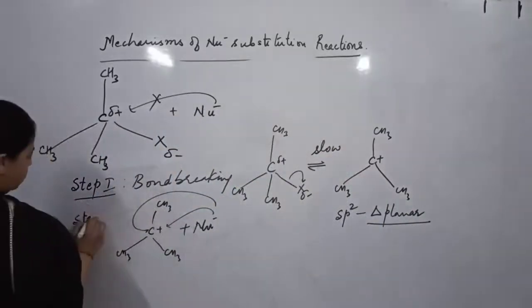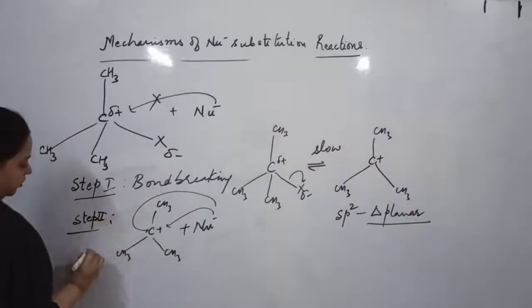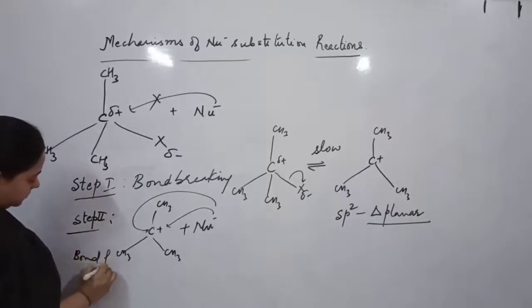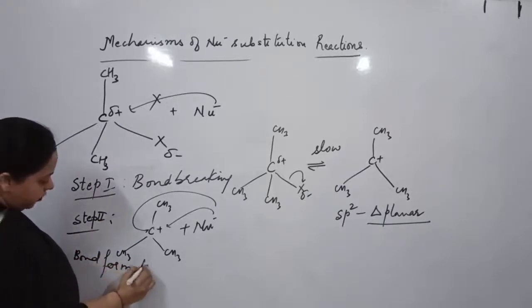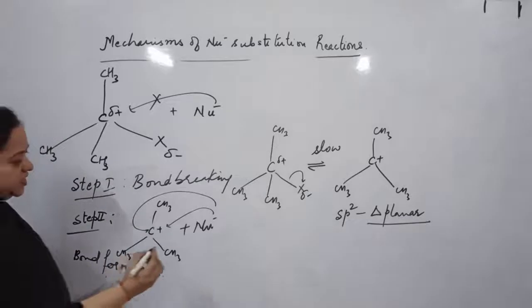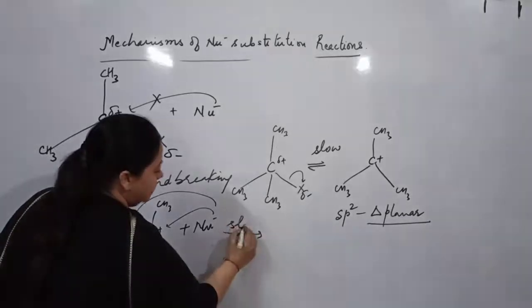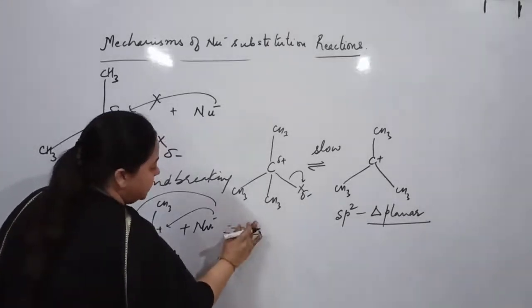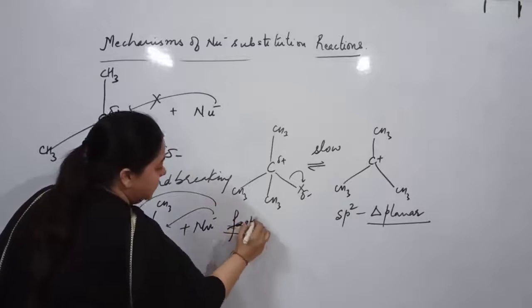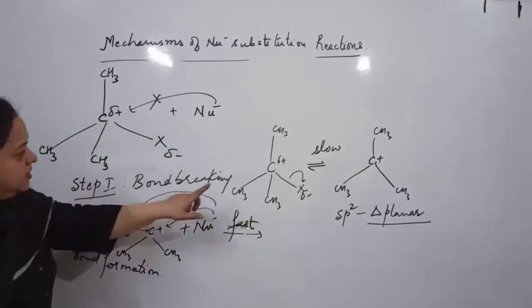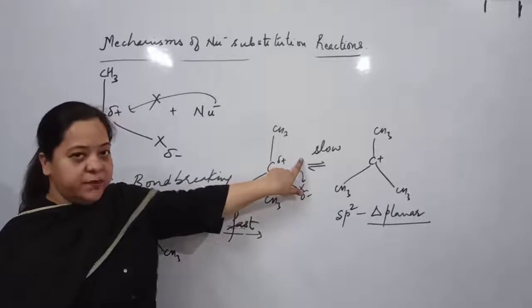This is step 2, which involves bond formation. And when this bond is formed, this is a fast step and it does not affect the rate of the reaction. This is the slow rate determining step 1.